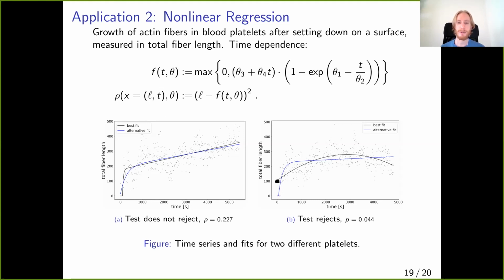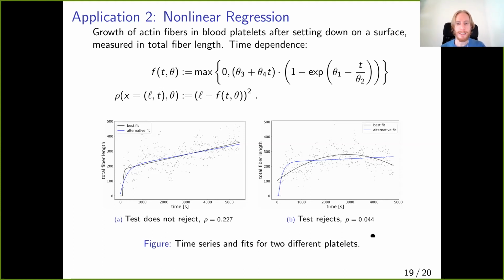So the movies were started at the point in time when the platelets settled down, so we could be sure that this black curve here actually doesn't work. But we just don't have all of this zero data in front here, so therefore this doesn't influence the fit. So this is something we healed by restricting the parameter space.